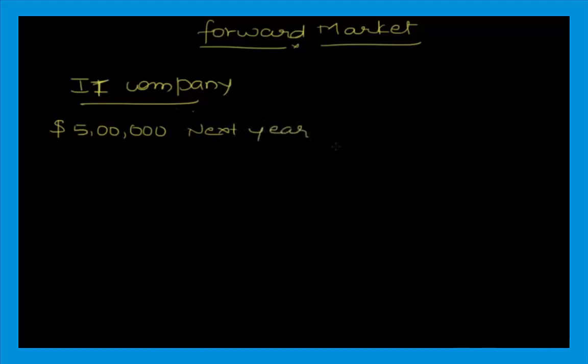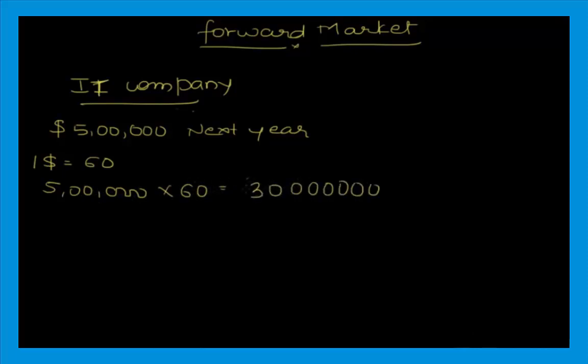At the current given rate of the dollar in the market, you are expected to receive 5 million into 60, which is 30 crore rupees.